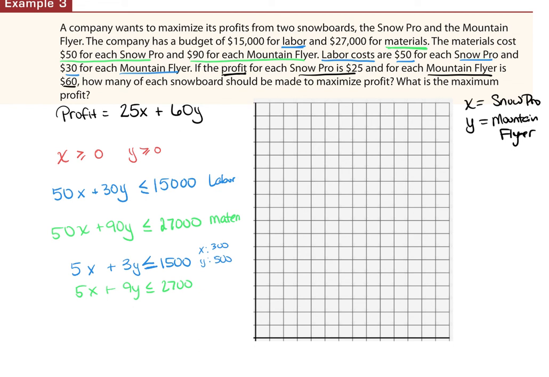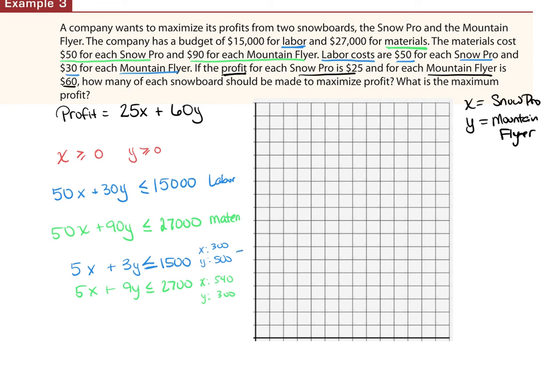When I do my intercepts for this next guy, my x-intercept is going to be 2,700 divided by 5, which is like 540, right? And then my y-intercept is going to be 2,700 divided by 9, which is 300. So I would do it in hundreds or 50s, personally. Every 2 would be 100 here for me if I were doing this.